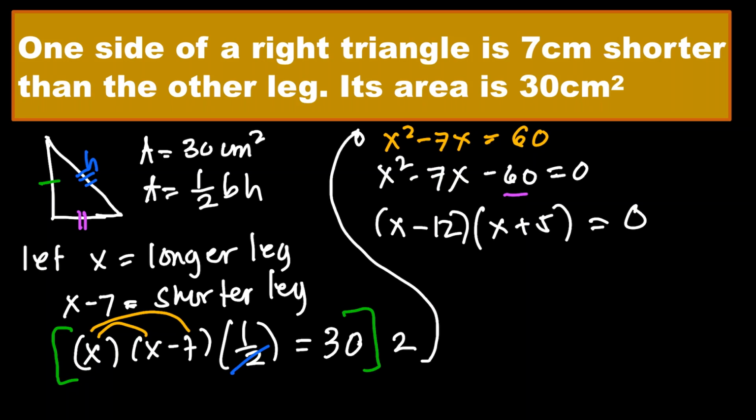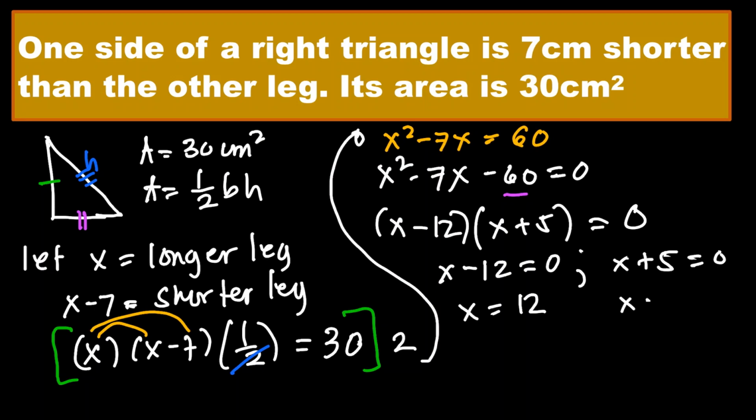Okay, so equating them to zero, that will give us x minus 12 equals 0. So by addition property of equality, x is equal to 12. And x plus 5 is equal to 0, so x equals negative 5. All right, so we consider the positive value here.